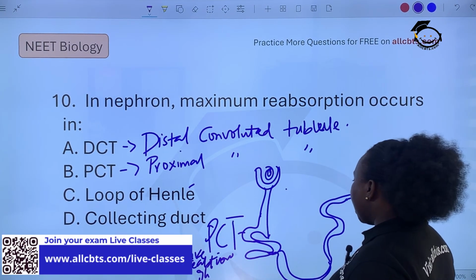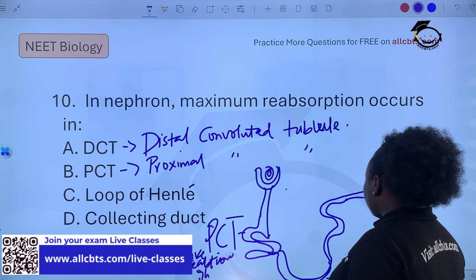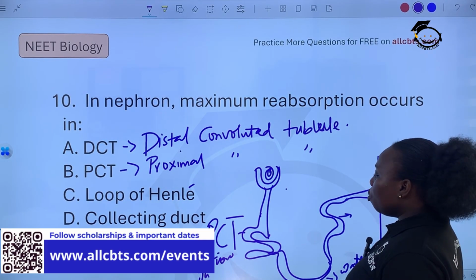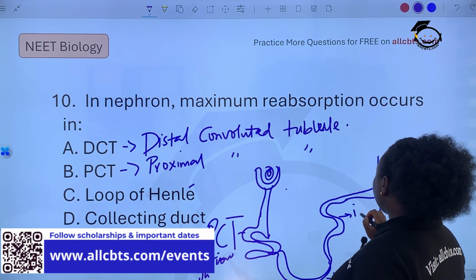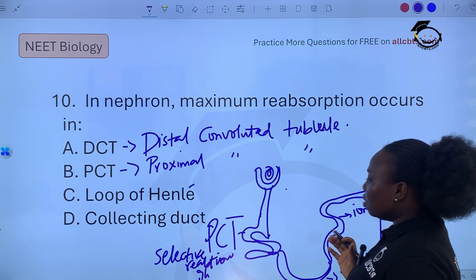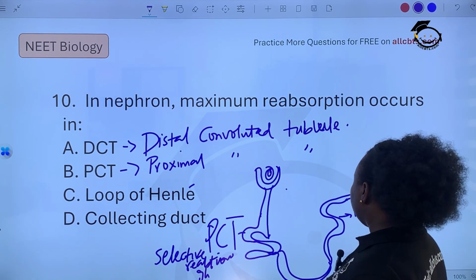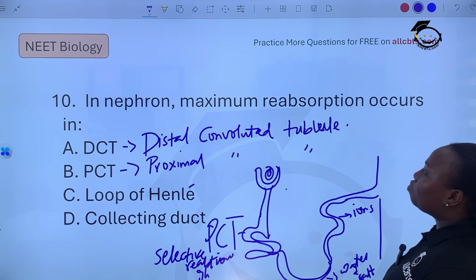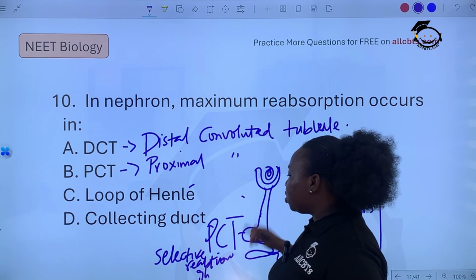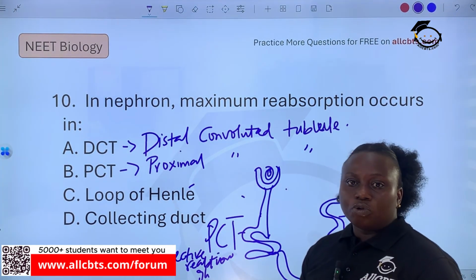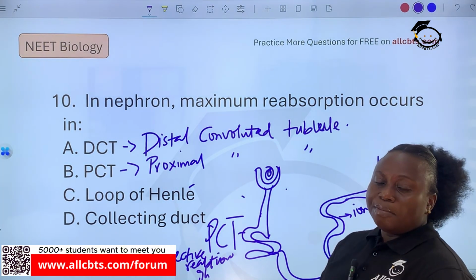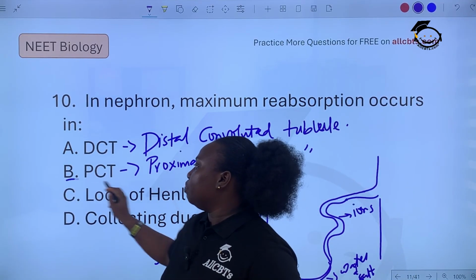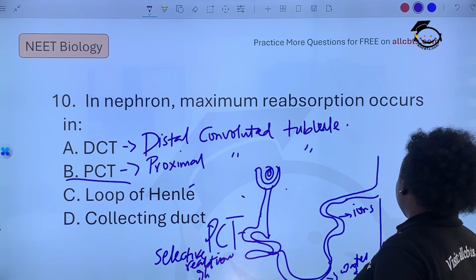When you now get to the loop of Henle, only water and salt will be reabsorbed, while in the distal, only ions will be absorbed again. So between this PCT, this loop of Henle and this distal convoluted tubule, the one that will absorb the maximum is the proximal convoluted tubule, because it's going to absorb glucose, amino acid, fats, minerals, vitamins, different kinds of things. So our answer is option B, the proximal convoluted tubule.